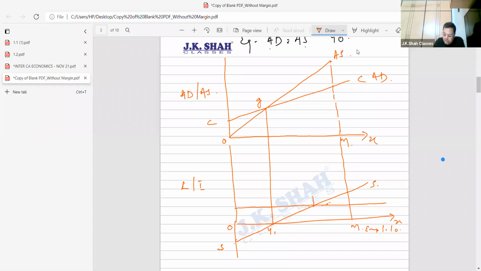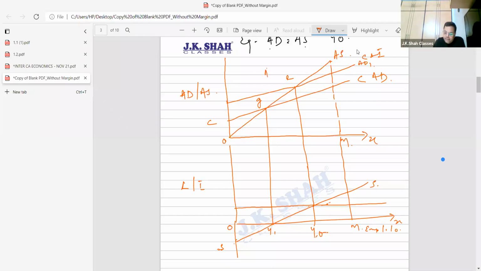From here I draw a line going up to point E, which corresponds to y0. So I draw a new curve, C plus I. This curve I call AD1, at y0.